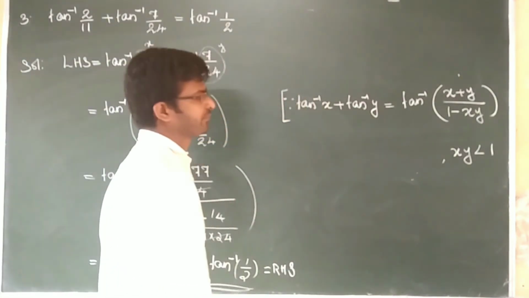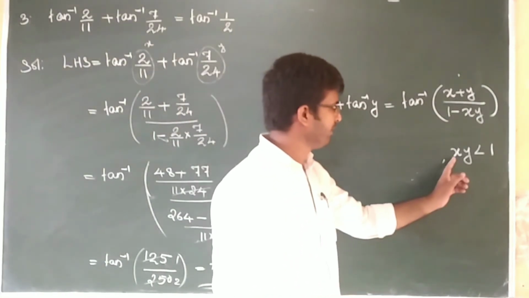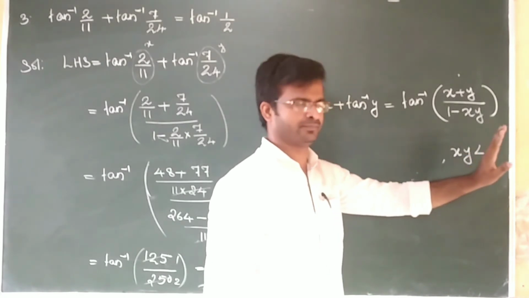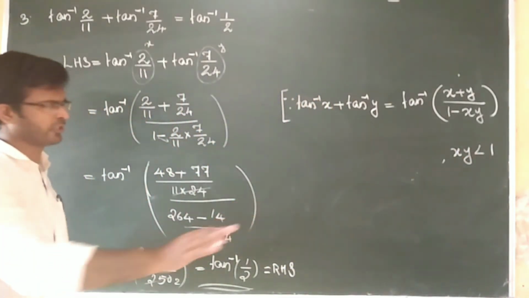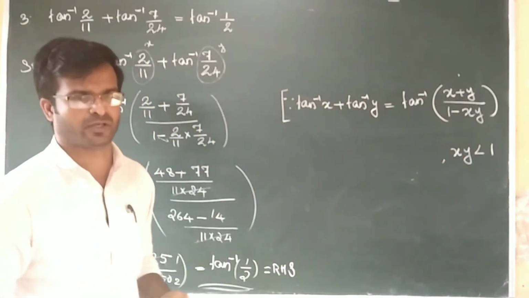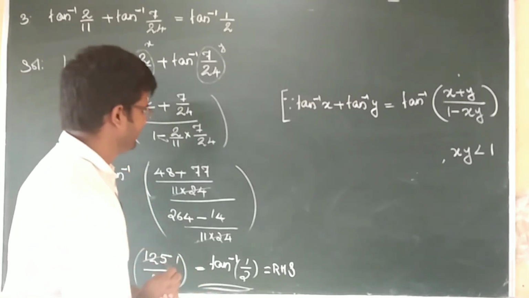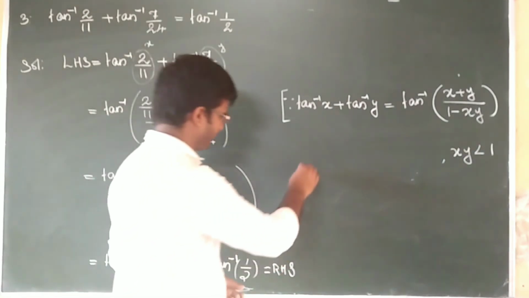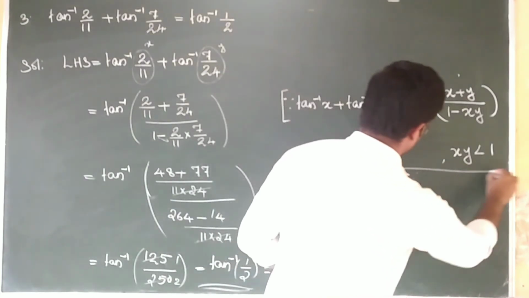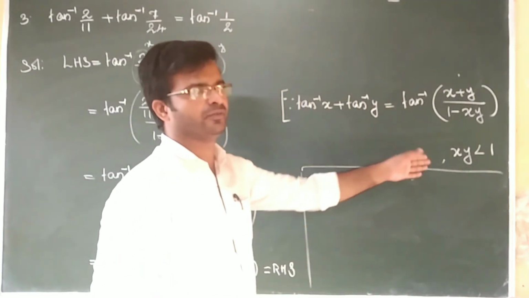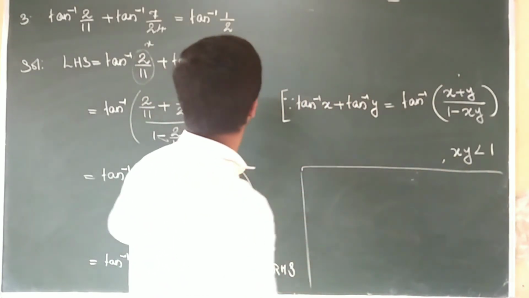In our property, they gave one condition: x into y less than 1. For this question, you don't need to check whether x into y is less than 1 or not. If you want to understand it, check it now.